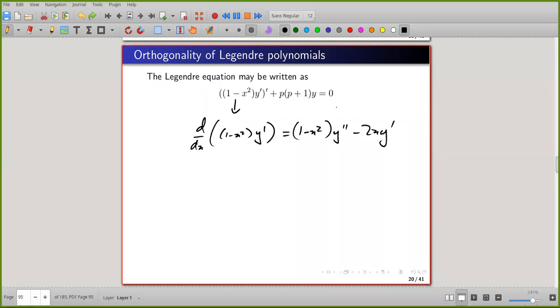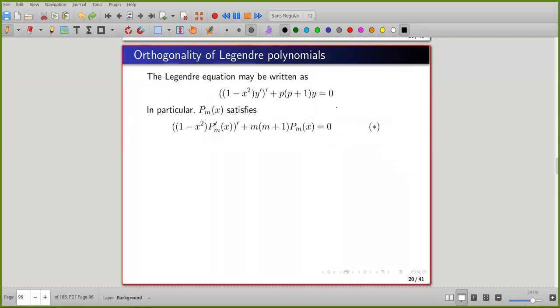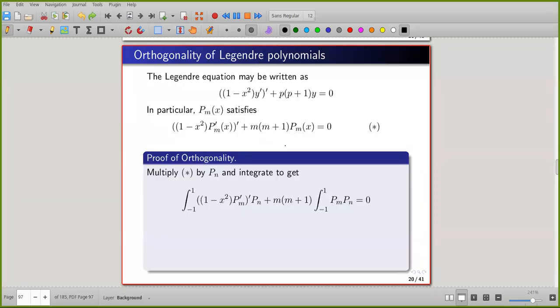So this is exactly the Legendre equation for P. In particular, P_m of x satisfies the Legendre equation for p equal to m, and here I have put p equal to m. So we multiply this equation star with P_n and we integrate, and I get exactly this.